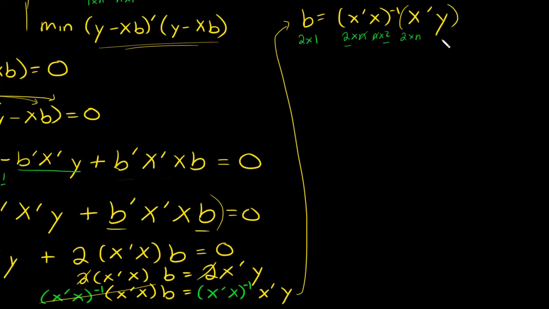And then y, which is an n by 1. So these guys cancel. And if we look at our dimensions, the 2's cancel here. And what are you left with? You're left with a 2 by 1, right, after you do all the product. So this 2 by 1 equals a 2 by 1. That works.